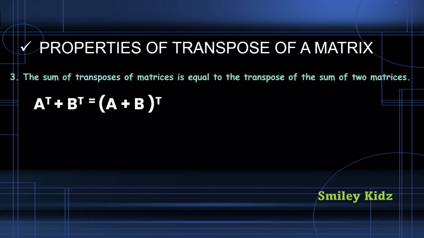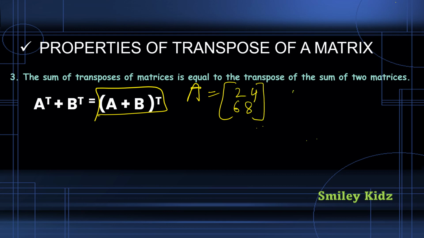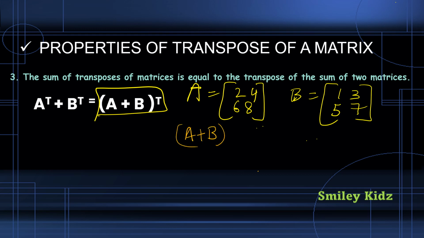Moving forward, we have the third property, which says the sum of transposes of matrices is equal to the transpose of the sum of two matrices. So let's take (A plus B) whole T. Let's say A is 2, 4, 6, 8 and B is 1, 3, 5, 7. Now I'm going to do (A plus B) whole T. Firstly, I'm going to add A and B, then take that transpose and verify it with this.